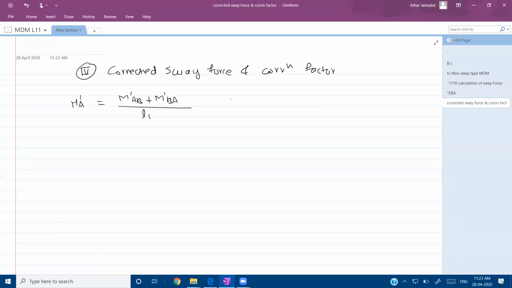And remember here that the moment of horizontal force should not be added for calculation of this corrected sway force. This is a very important note.